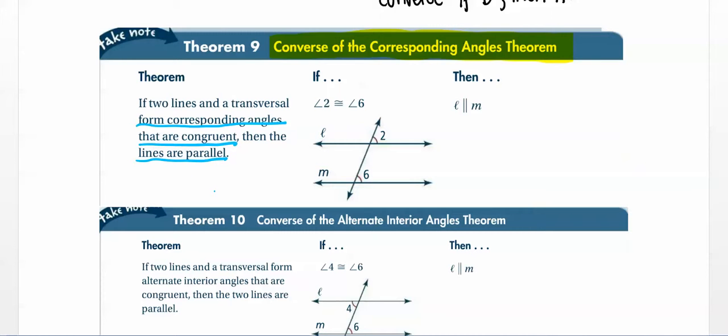If you look back at the one that we had from section 2.2, this is reversed. That one said if a transversal intersects parallel lines, then the corresponding angles are congruent. So this is all backwards. So for this diagram here, if angle 2 is congruent to angle 6, those are corresponding angles, then we can say those two lines are parallel.